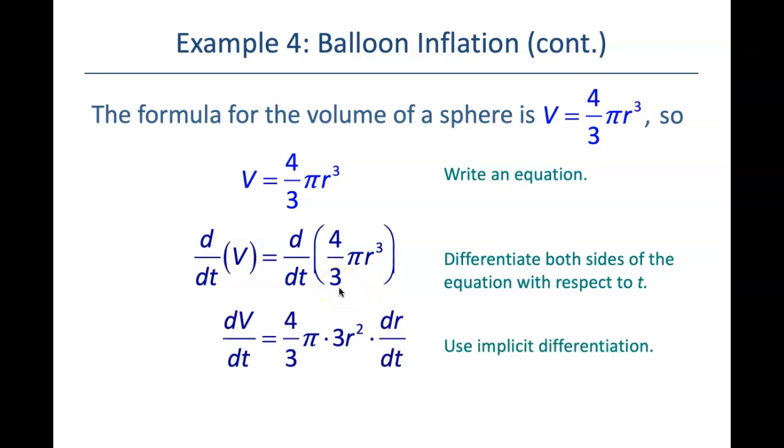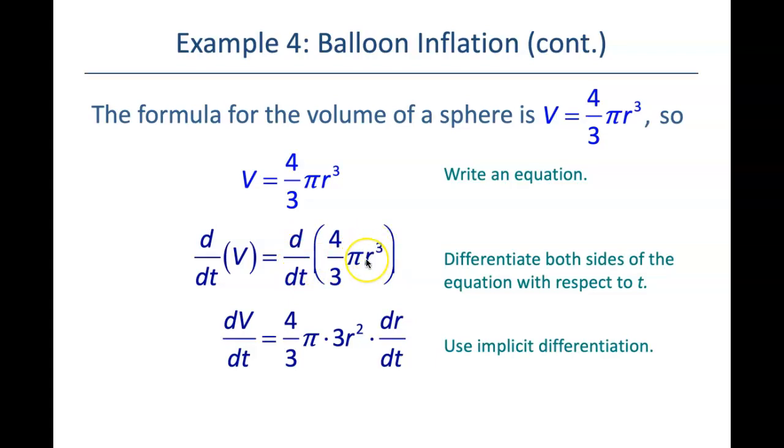All right, so we get dV/dt is equal to 4/3 pi, which is just a constant, so that can come out, and then it's the d/dt of r cubed. I would have done an extra step here, sorry. And d/dt of r cubed is 3r squared, right?